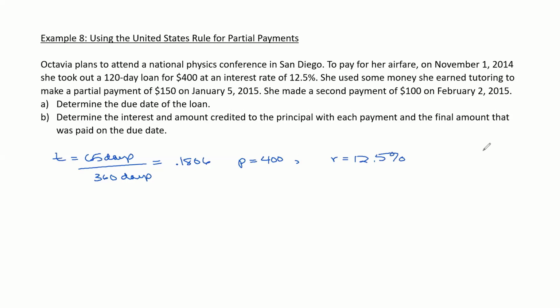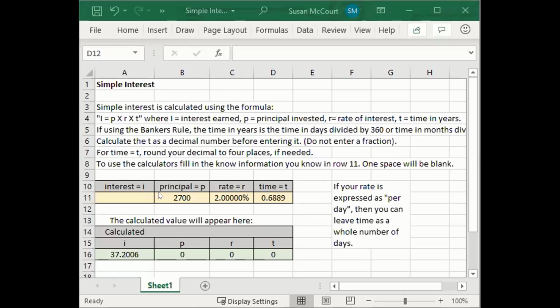So now we can use our simple interest calculator to calculate how much interest she paid at that time. Okay, so her principal was 400. Her rate was 12.5%, and her time was 0.1806. So she paid $9.03.